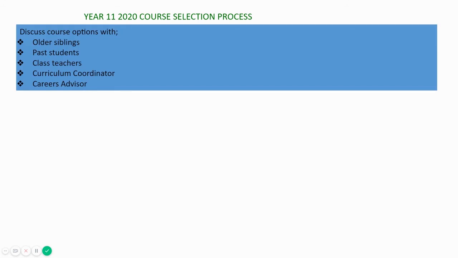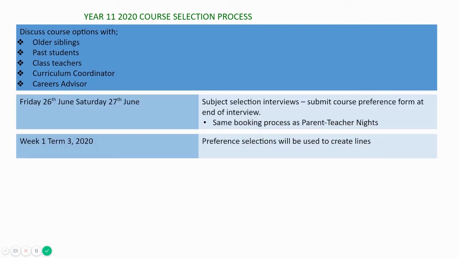So where to from now? After you've discussed all your course options with the people that you need to discuss it with, we'll have subject selection interviews, and that will happen on Friday the 26th of June and Saturday the 27th of June, and those appointments can be made through Compass. In the first week of Term 3, the selections will be used to create lines.